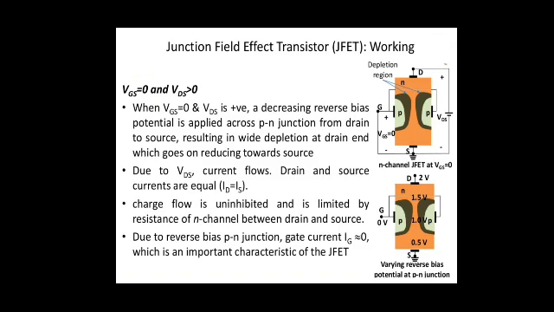After a certain point, the two gate reverse-bias depletion regions come into contact with each other, and due to this the channel width within the JFET is reduced to almost zero. Pinch off of the channel occurs.